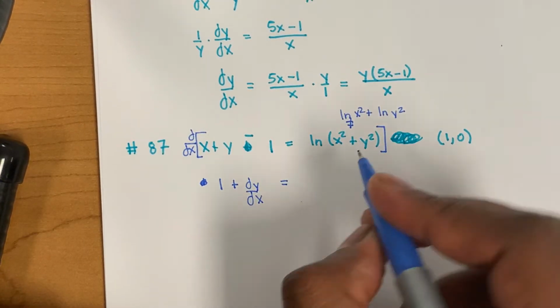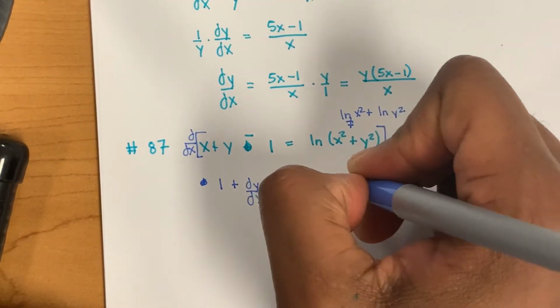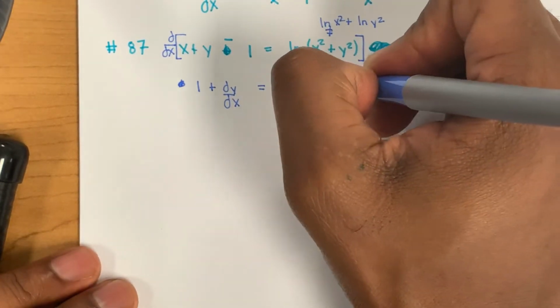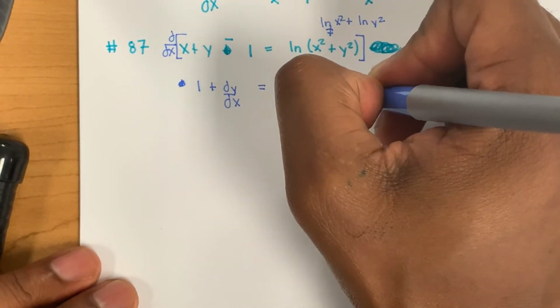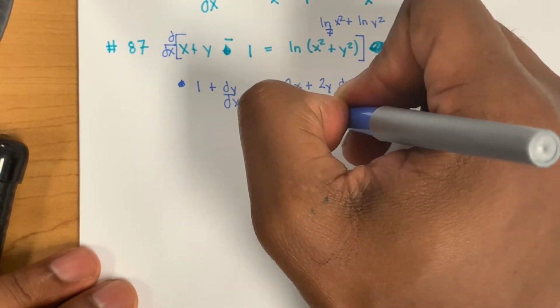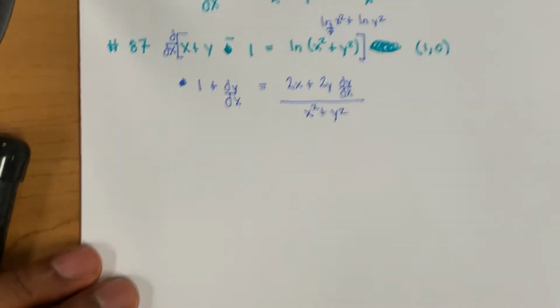So derivative of the input is 2x plus 2y dy over dx over x squared plus y squared.